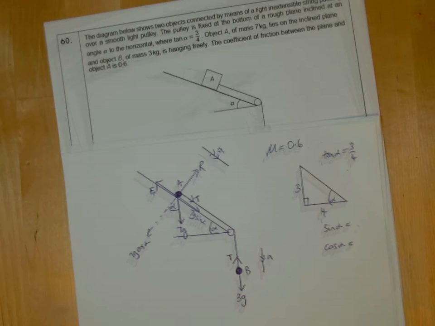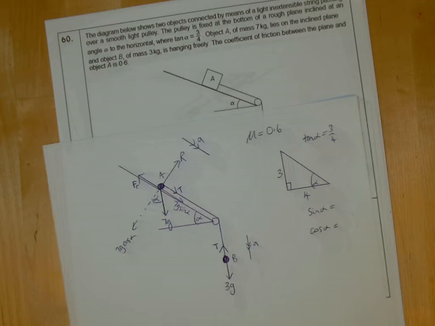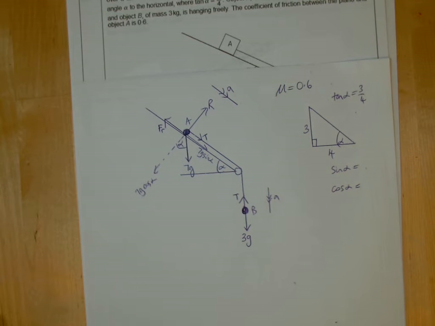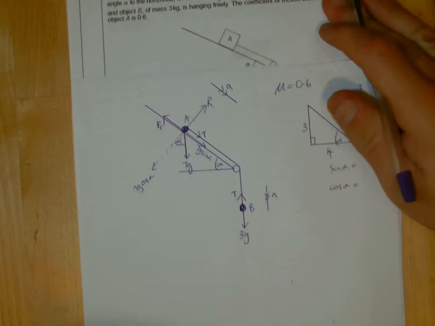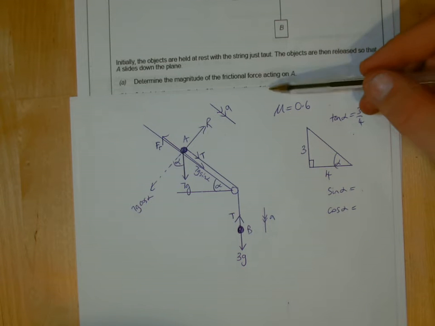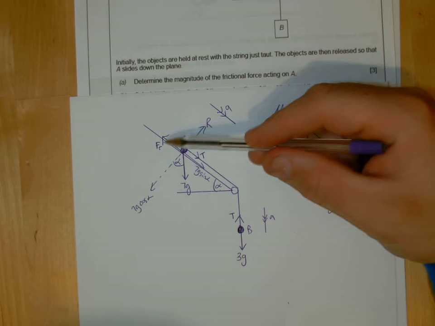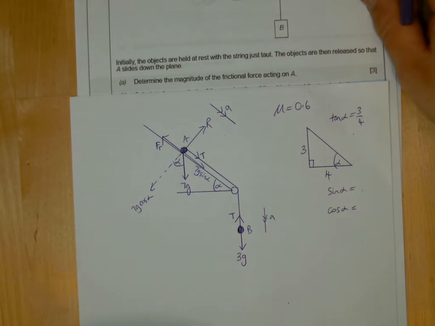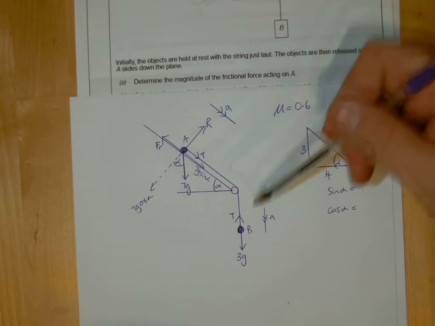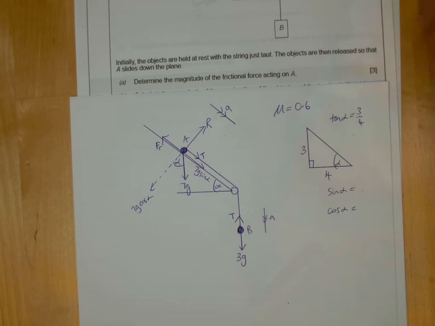So quite a lot of things going on here, but we'll take our time to resolve, and then we can work out what they're asking for. For instance, they want the magnitude of the frictional force. The whole system is going to be going this way, and B is going to go downwards.